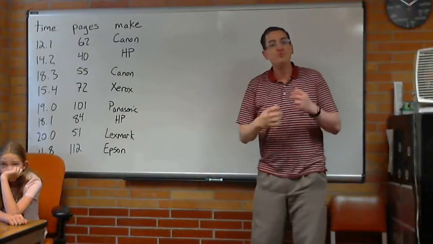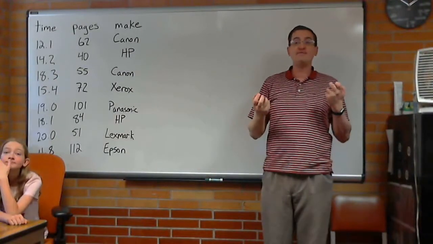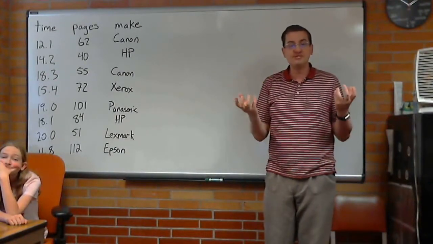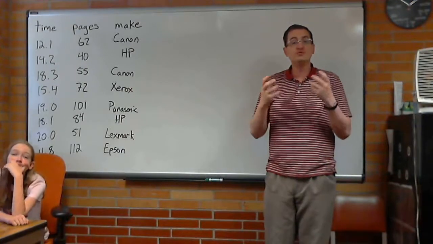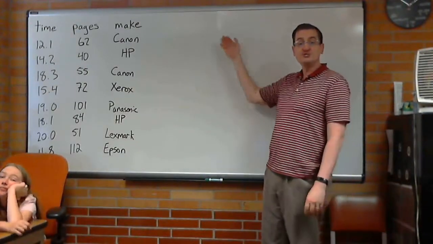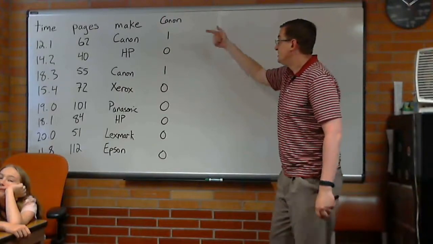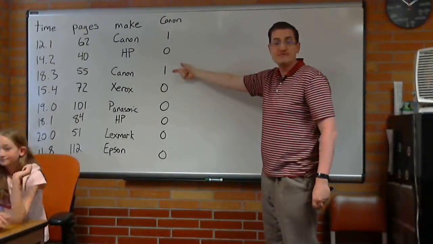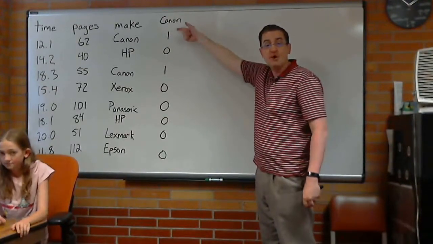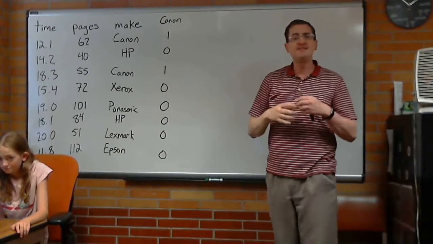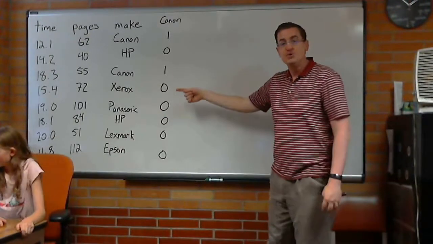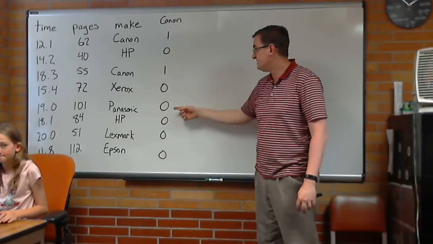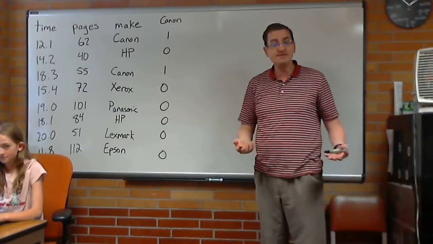When we do that, we're back to a 0-1 situation like male or female, where there's only two options. So here's the column for Canon. Notice there were two places where we were talking about Canon printers, and so we have a 1 there for those two places. But this isn't enough because we've lost the ability to tell Panasonic versus HP, for example.